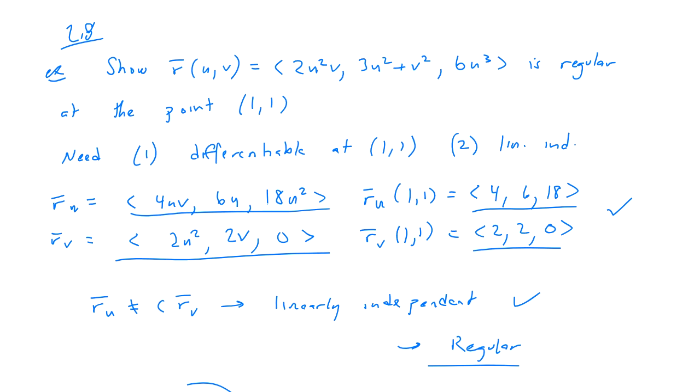So, any questions on this? This is going to be on the test. Okay. So let me do a second way we can check to see if they're linearly independent, which will look silly in this context.